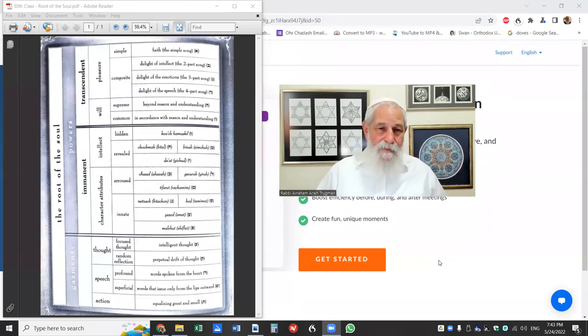Now, random type of thought is very connected to the imagination. And we learned in one of the previous classes that one of the roots of the word Adam, human being, is the word for imagination, dimayon. It's the same root.